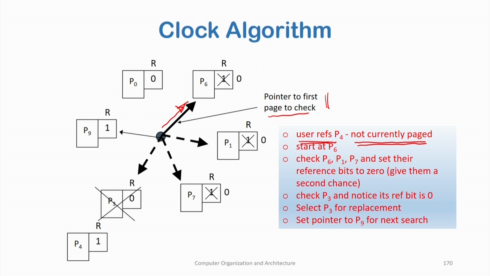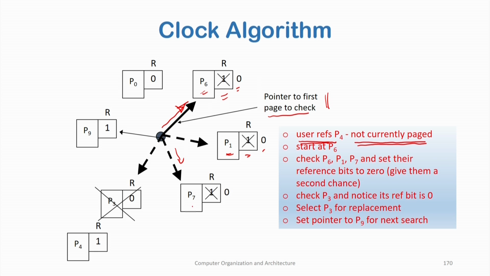First I find that the reference bit is 1 and not 0. So, I make the reference bit 0 and I do not replace this page. Then I come to the next frame, which contains P1, and the reference bit is 1, not 0. So, I only set it to 0 and check the next frame.